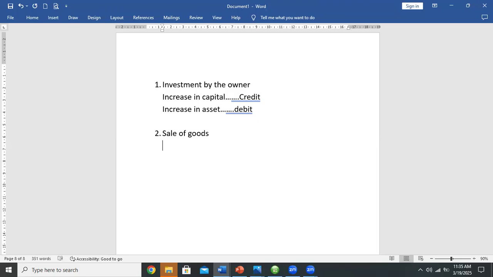That is where you sell and you take the money. If you do that, the effects are an increase in asset, cash or bank, and so you debit your cash account or bank account because that asset is increasing.